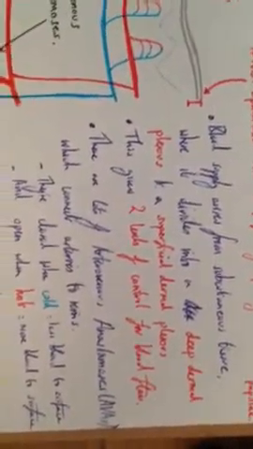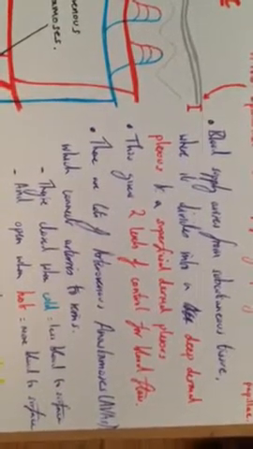Vasculature. Blood supply arises from the subcutaneous tissue, where it divides into a deep dermal plexus and our superficial dermal plexus. Let's zoom out. There's an artery and a vein.